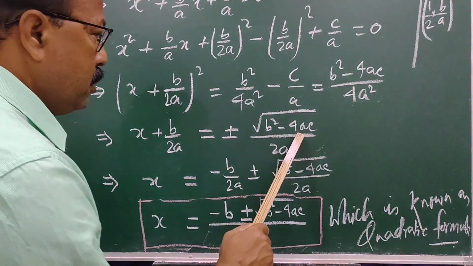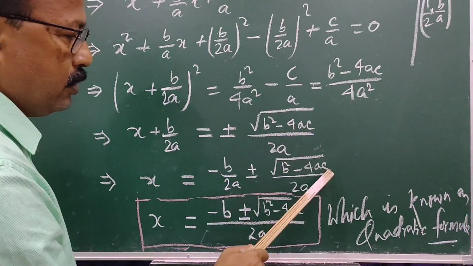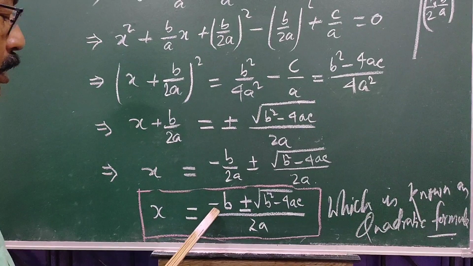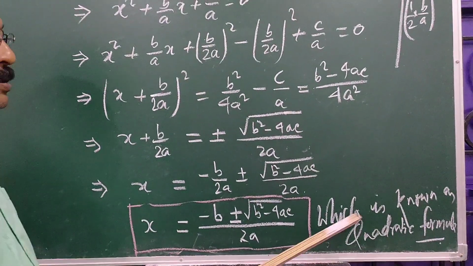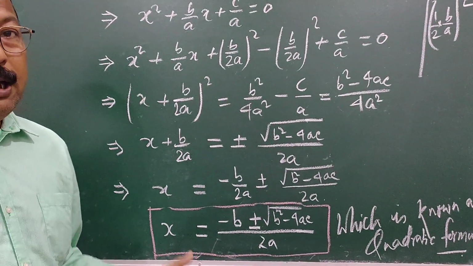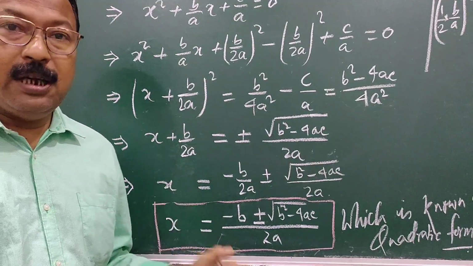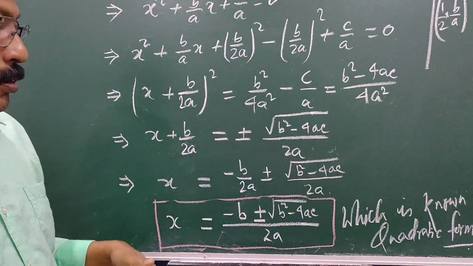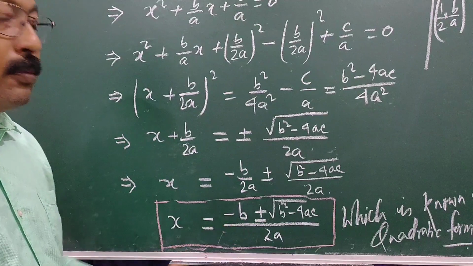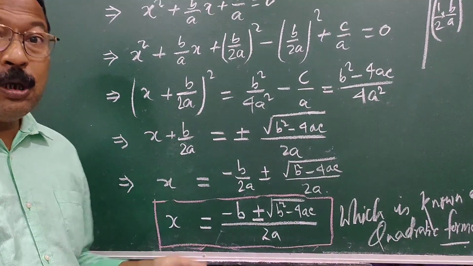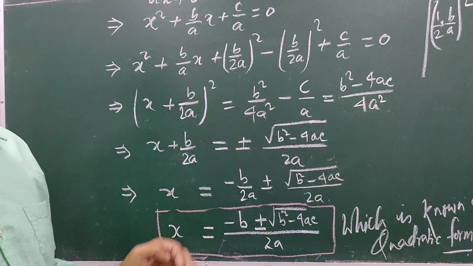Here x equals to minus b by 2a plus minus this, and finally we get x equals to minus b plus minus under root b square minus 4ac by 2a, which is known as the quadratic formula. It was given by the greatest Indian mathematician Sridhar Acharya, and most mathematicians name this formula Sridhar Acharya's formula or rule to find the roots of the quadratic equation.